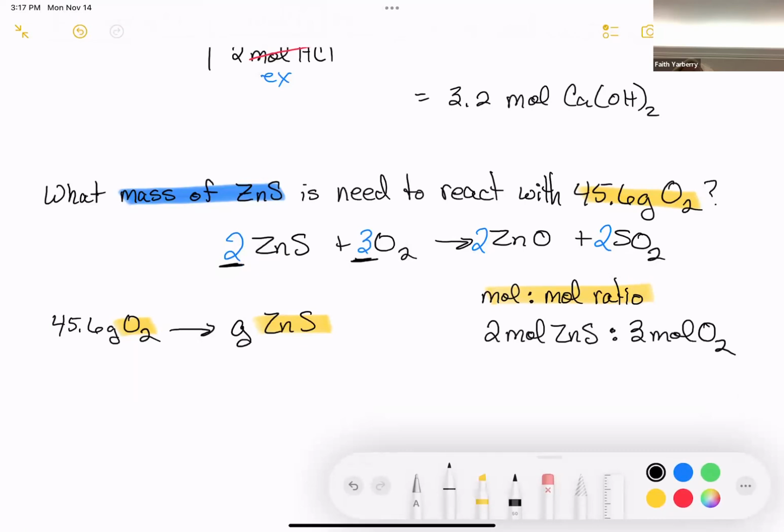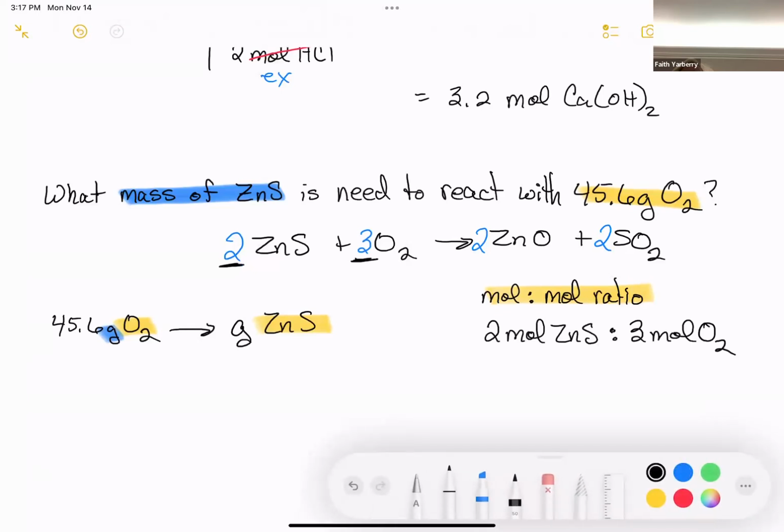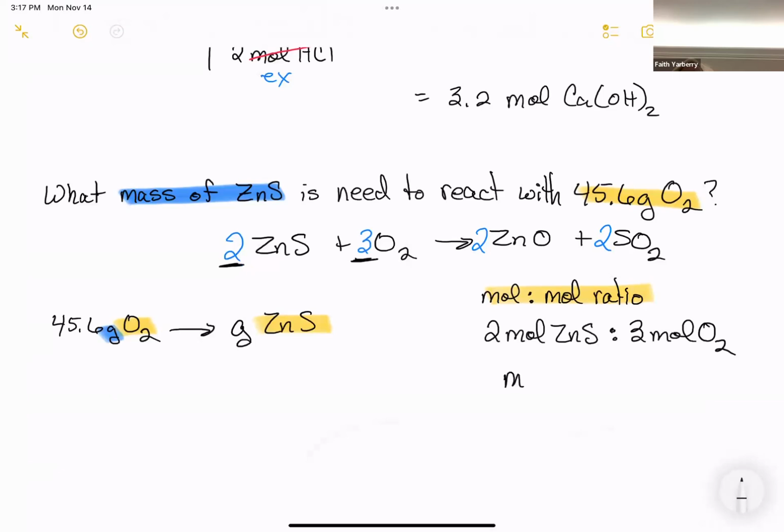The next thing I notice is I have grams of O2. I see grams, that means I'm going to need the molar mass of O2.